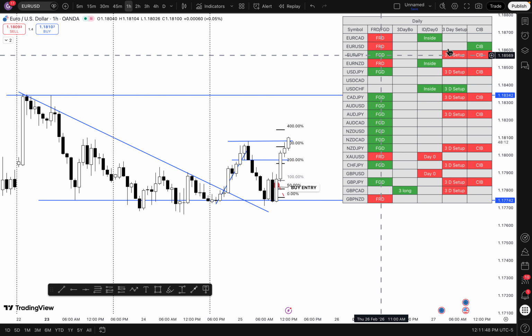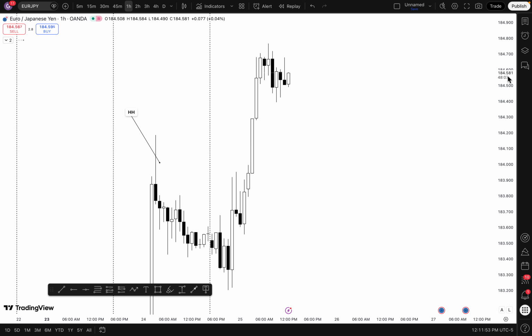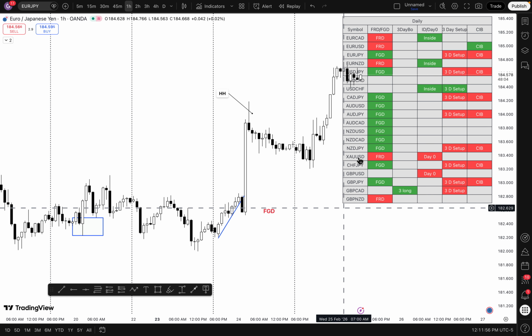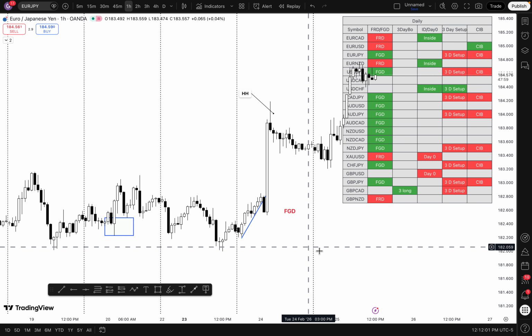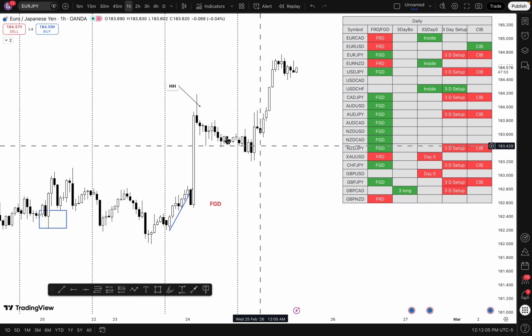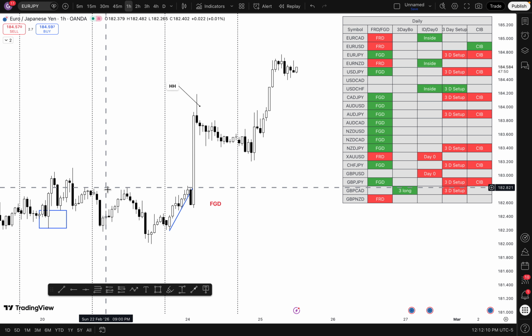The next pair, GBP/JPY, sorry, Euro JPY, is showing two pieces of information. It's showing an FGD and a 3-day setup and a close in breakout. First of all, why is it saying a close in breakout? The market closed above yesterday's daily level.